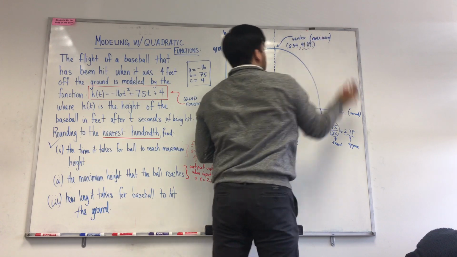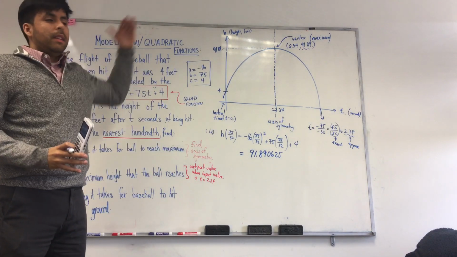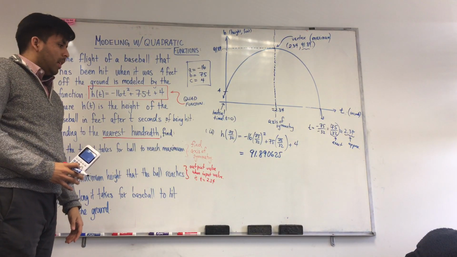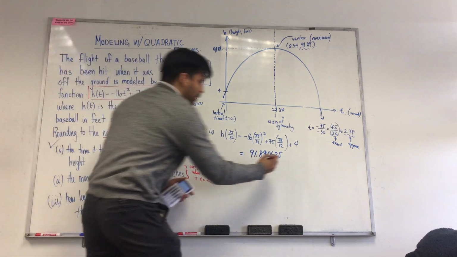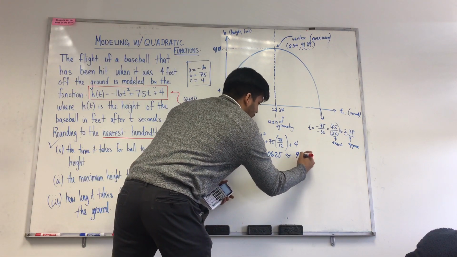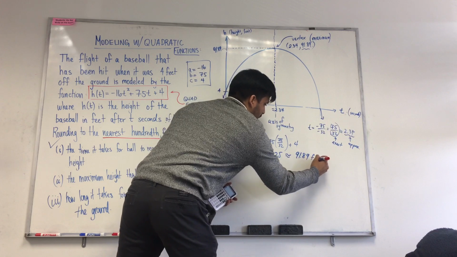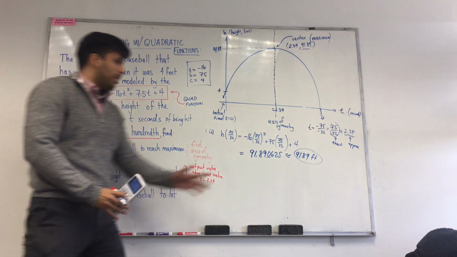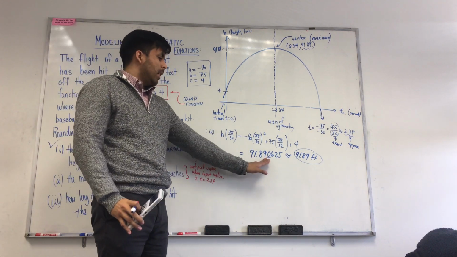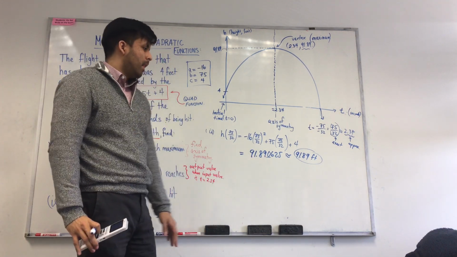But what does this second coordinate represent? It represents the height, the output value of my function. And I want to round this to the nearest hundredth. So this is going to be approximately 91.89 feet, because this 0 here means that I'm going to keep my hundredth place the way it is.